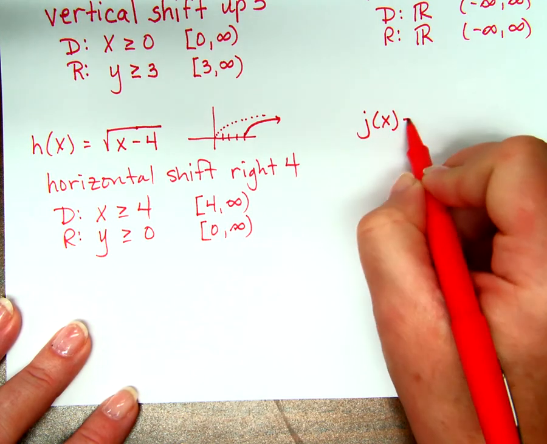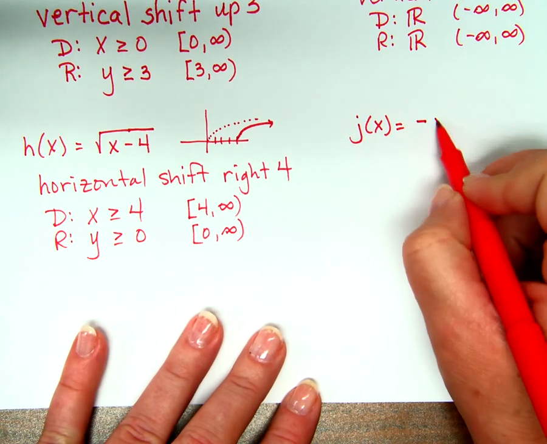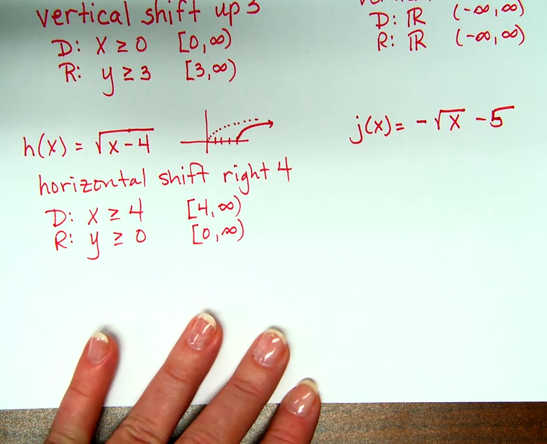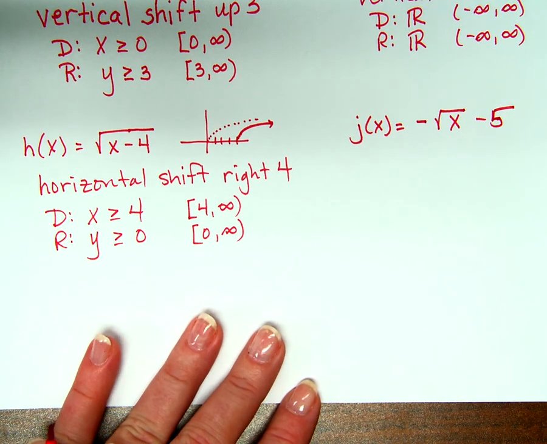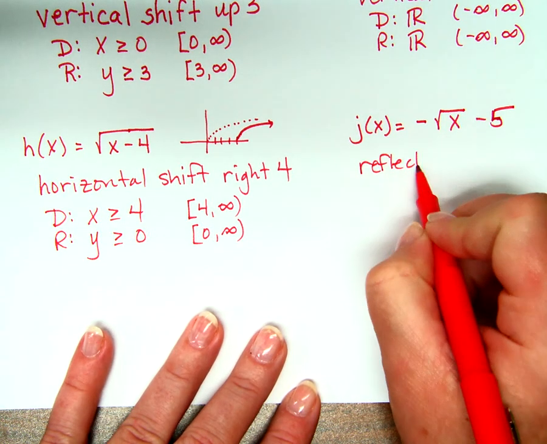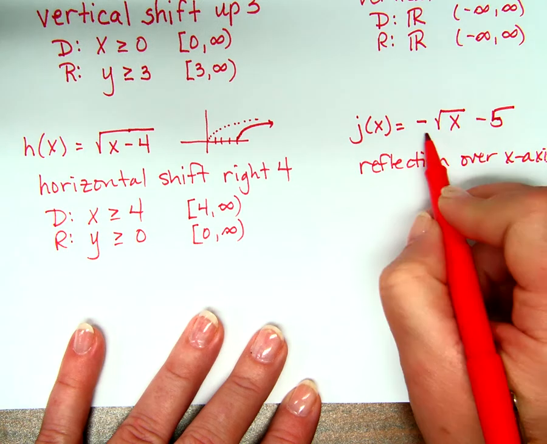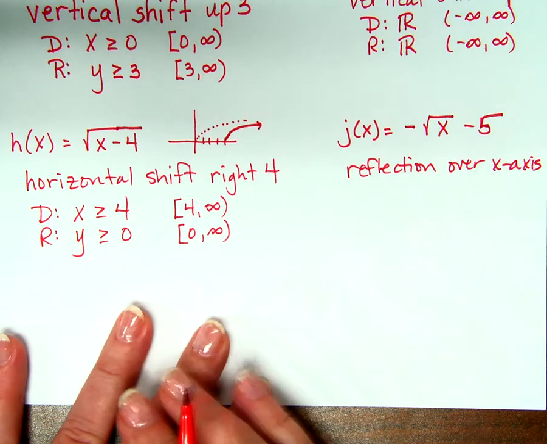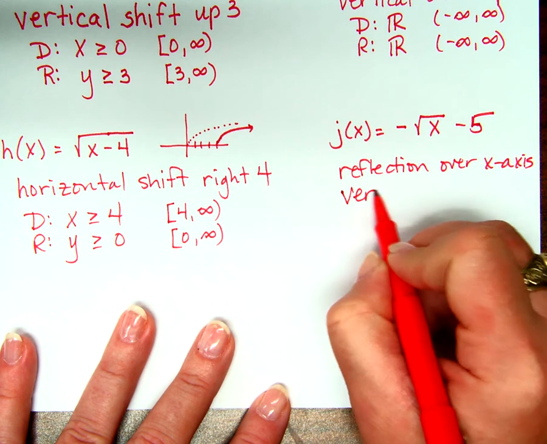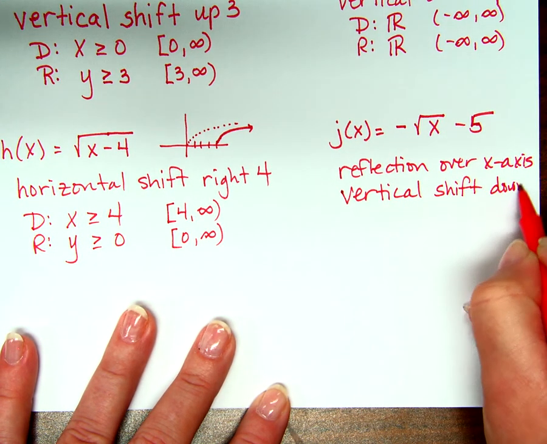Let's do j of x. Ooh, yeah, that's dangerous, right? What's happening here? Reflection over the x-axis because of that negative sign in front, right? And then down 5.